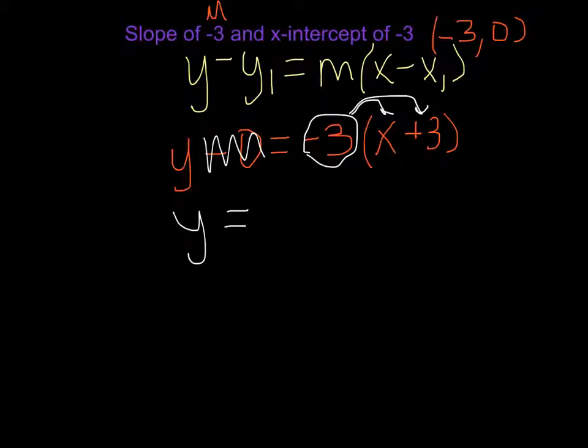That's too redundant. So y equals negative 3 times x, which is negative 3x, and negative 3 times positive 3, which is a negative 9. So our equation is y = -3x - 9.